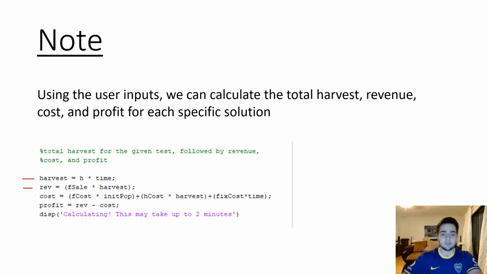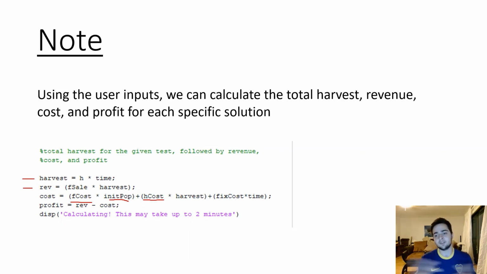The cost is a little more complex. Here we have F cost, which represents the cost per fish, times whatever initial population the farmer wants to create. Now we have harvesting costs, which really just represents however many expenses the fish farmer expects per fish.